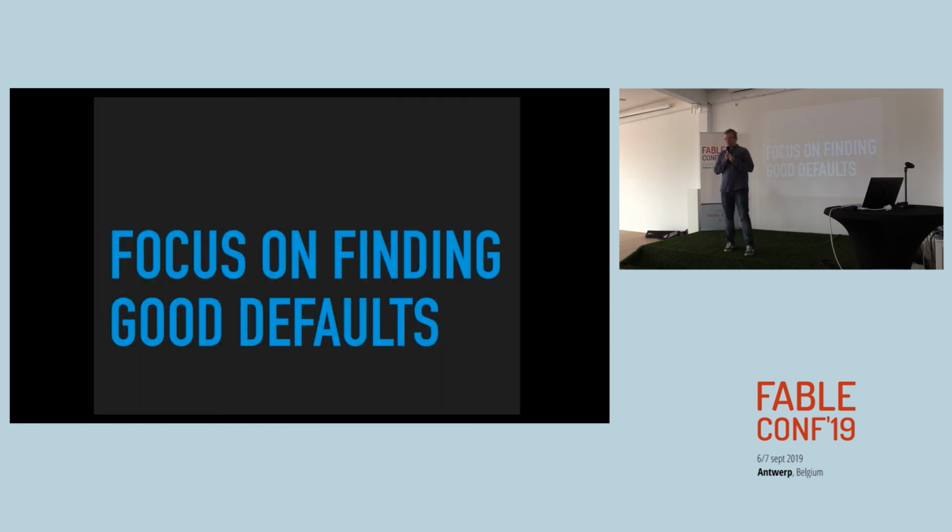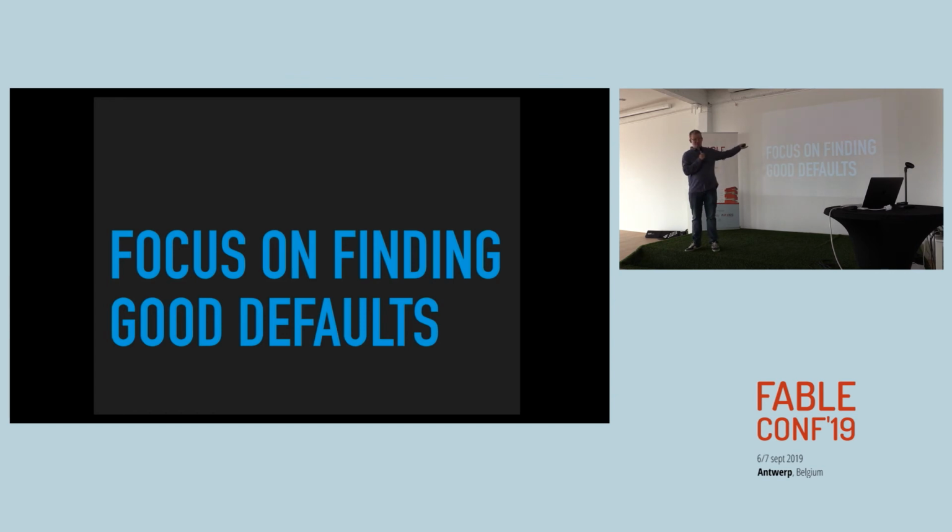You need to focus on finding good defaults in configuration. So the tooling needs to be working for 80% of the users out of the box. It should just work. Well, the number 80% is a random number. It kind of depends on what you personally feel. But yes, it's important to focus on finding good defaults, especially when you start adding richer and richer features to your tool, to your library.